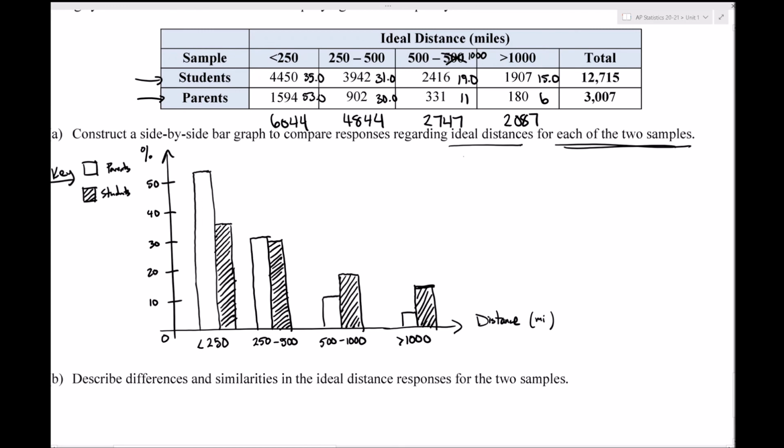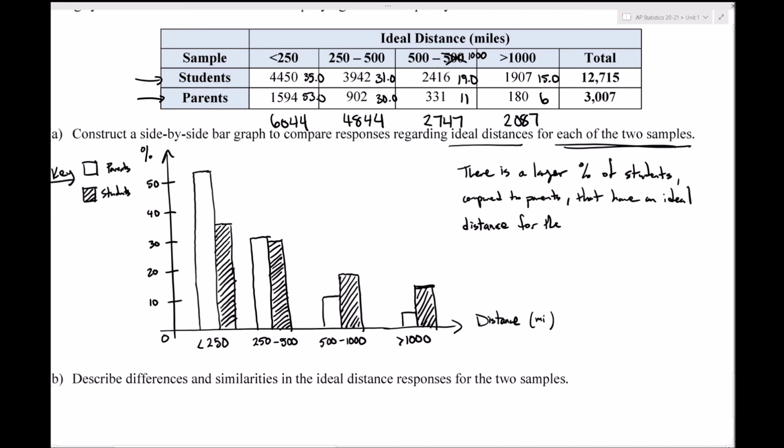So there is a larger percentage of students, and that's compared to parents, that prefer or have an ideal distance for the campus.